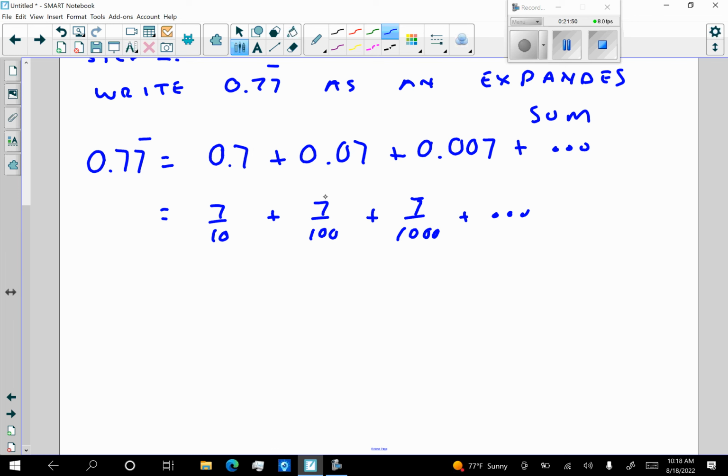What's the first term? 7/10. So here, a sub 1 is equal to 7/10, and r, the common ratio, is 1/10.